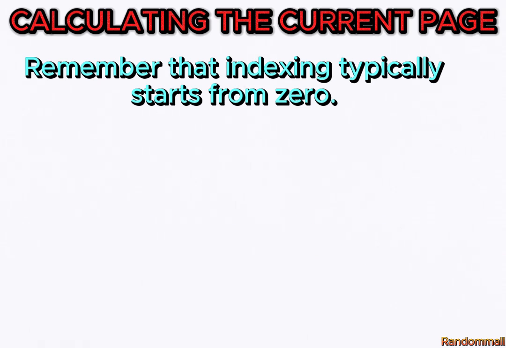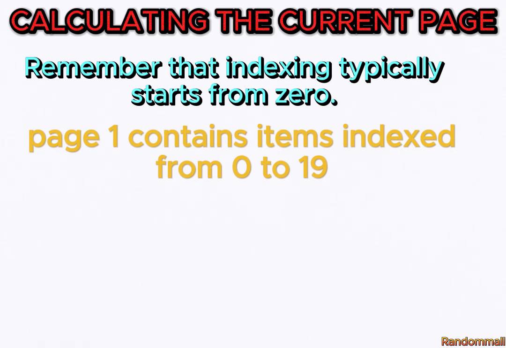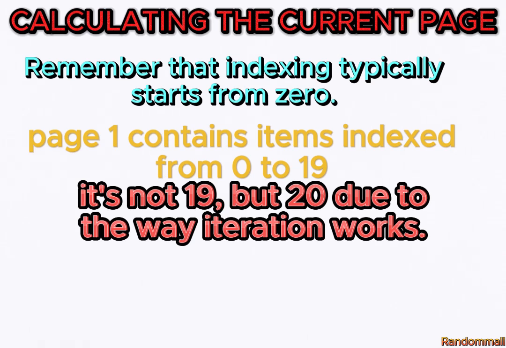So remember that indexing typically starts from 0. So page 1 contains items indexed from 0 to 19. When we are using the index for page 1, it is not going to be 19, although the indices are 0 to 19. It's going to be 20 due to the way iteration works.